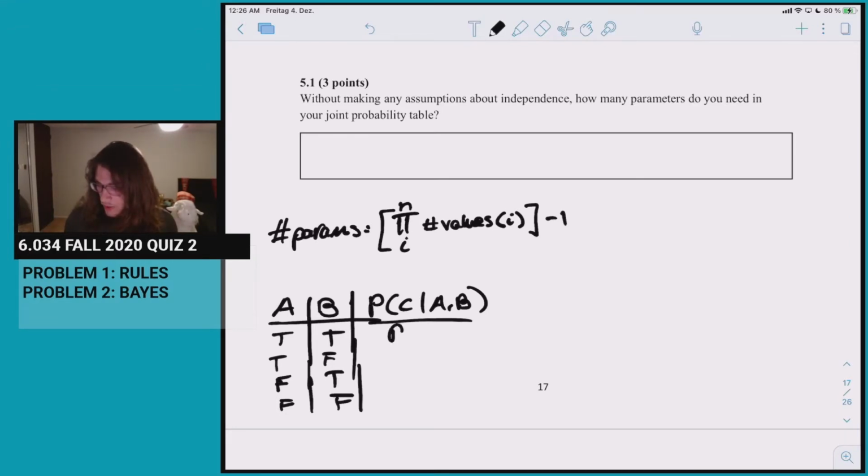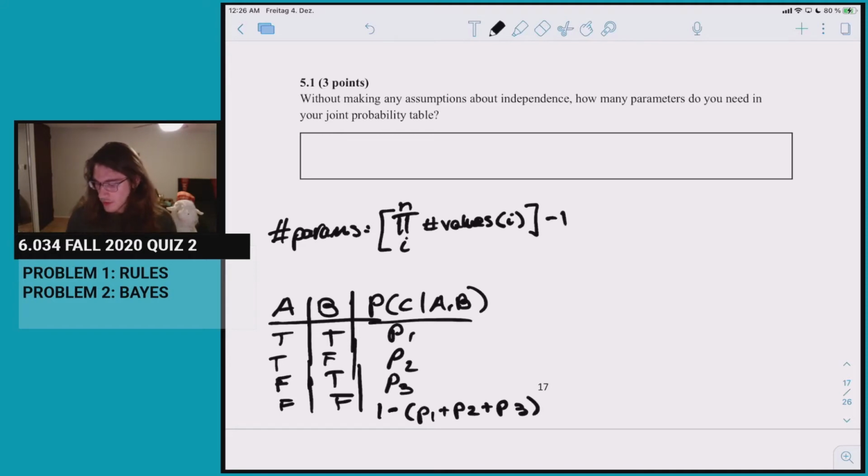I would need P1, because in the universe where A is true and B is true, C can be true with a probability P1 and C can be false with a probability 1 minus P1 using the exhaustion principle. Same logic applies to all the other combinations. If this is unfamiliar to you, please visit recitation number 5, I believe, where I talk about the basics of probability. P3, 1 minus P1 plus P2 plus P3.